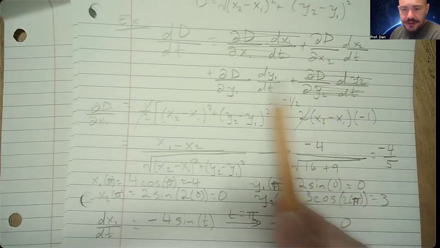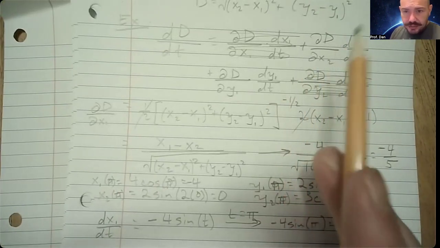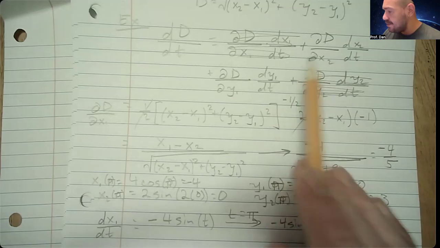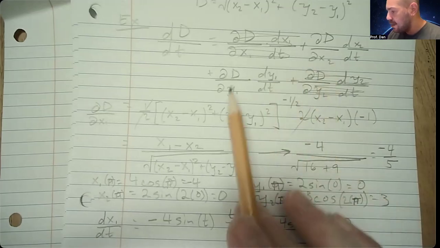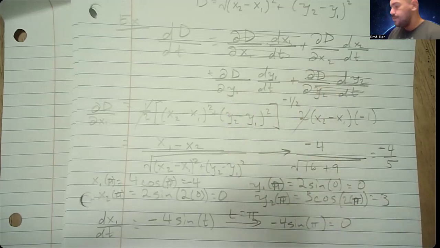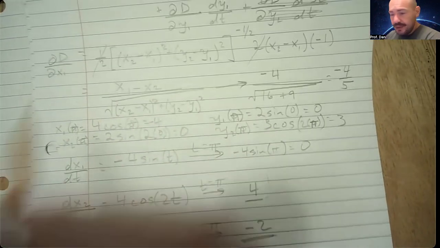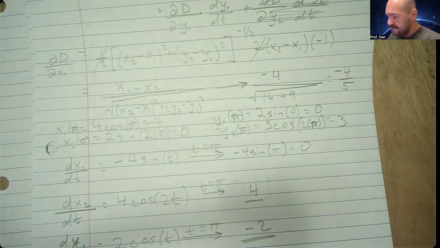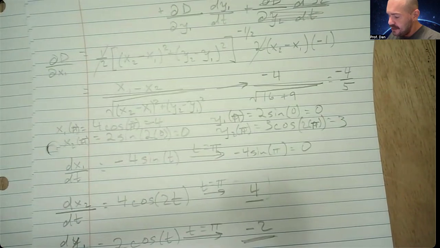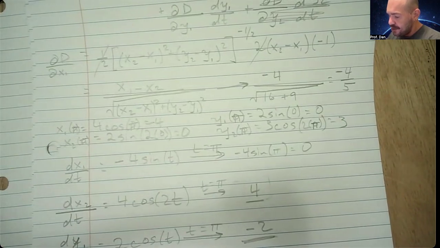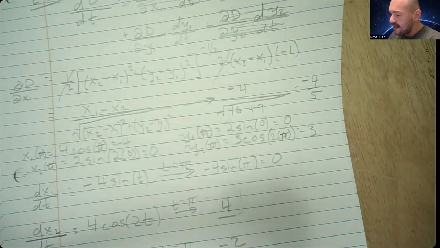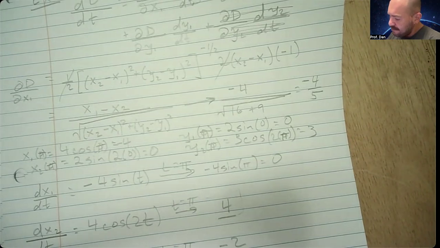So really the only partial derivatives I need are the partial of distance with respect to x2 and the partial of distance with respect to y1. Because we already did that for x1, they're going to take fairly similar forms. So again, we would have to bring the 1/2 down. We would keep the inside the same.